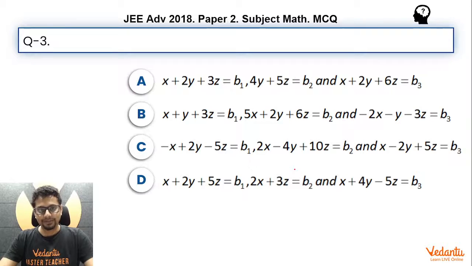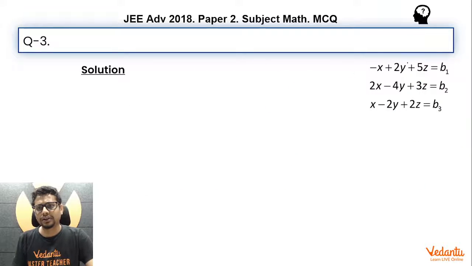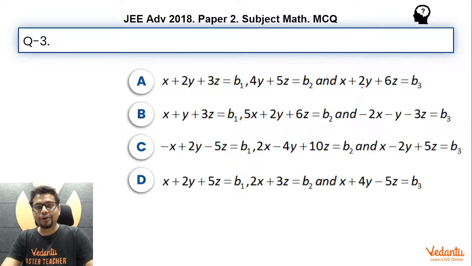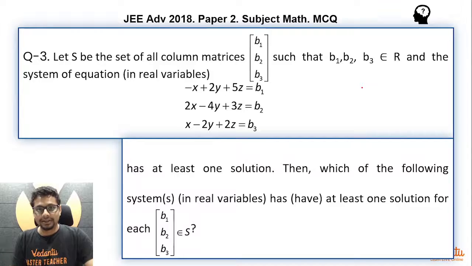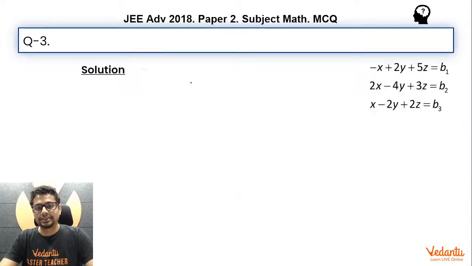So let's explore. First of all, we'll go by the first set of linear equations, not from the options but from the question. This set of linear equations we'll consider, and we'll try to explore for what column matrices b1, b2, b3 this system has at least one solution.